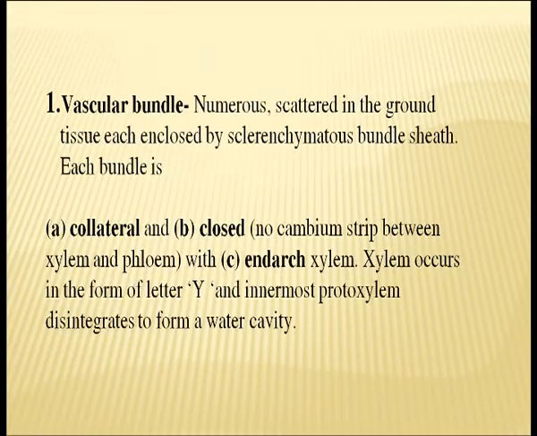Vascular bundles in monocots are numerous and scattered in the ground tissue. In the case of dicots, if you remember, they were arranged in a circle. But in monocots, they are scattered in the ground tissue. Each bundle has its own qualities.